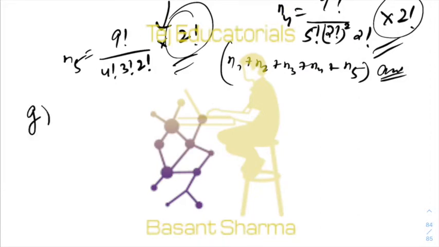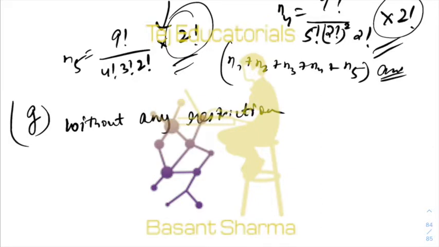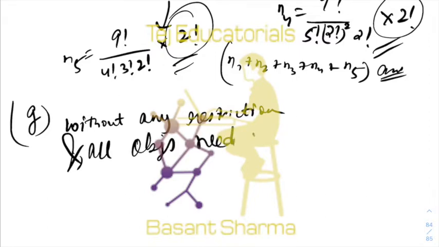Now, next part. Suppose I ask you what are the number of ways in which you can distribute 9 objects amongst 3 persons without any restriction, and all objects need not be distributed.